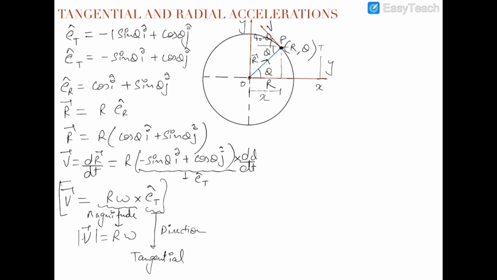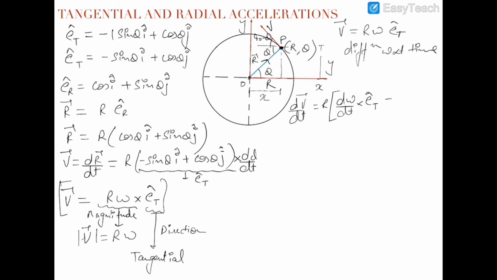Now if we further differentiate this equation, that v is equal to r omega into e tangential, differentiating with respect to time, then dv by dt will be equal to r, which is constant, and d omega by dt into e tangential plus omega into d by dt of e tangential.